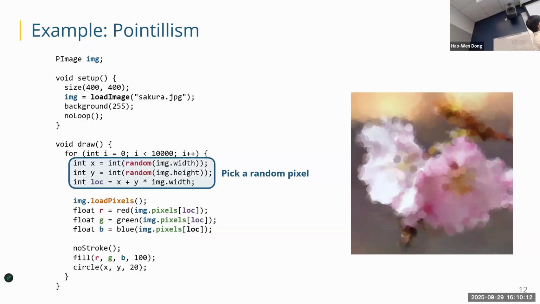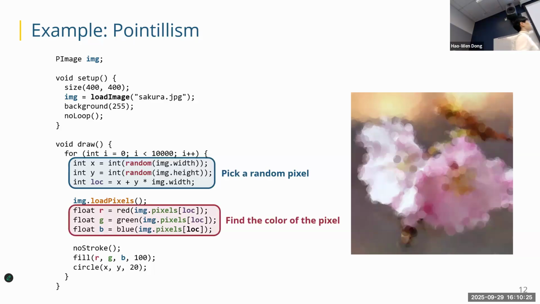You basically draw a random pixel: random image width, random image height. So pick a random pixel. Now for that random pixel, you want to find the color of the pixel. So you can do something like this: red, image pixel location, green, image pixel location, blue, image pixel location. So you get the red, green, and blue.